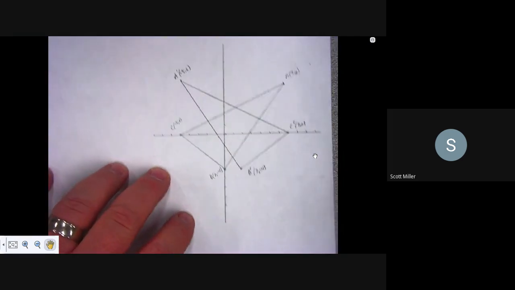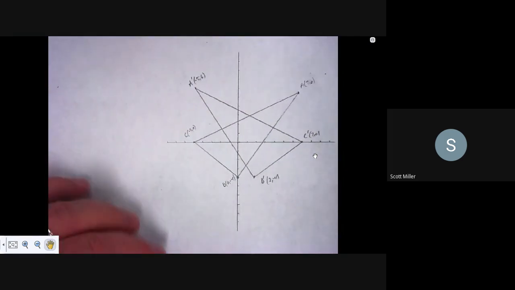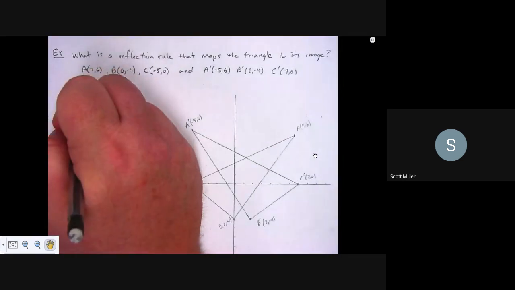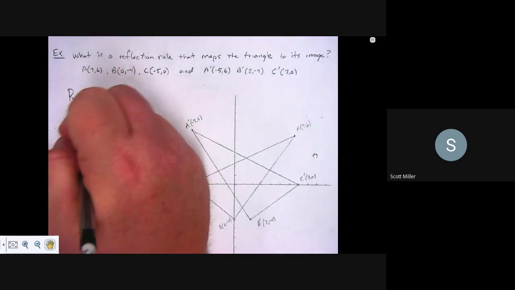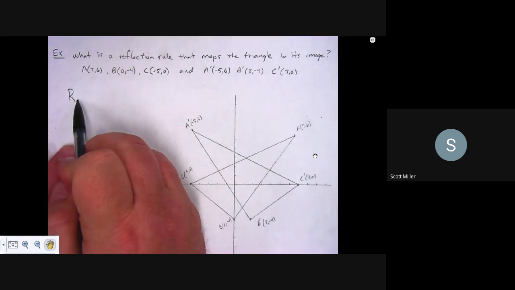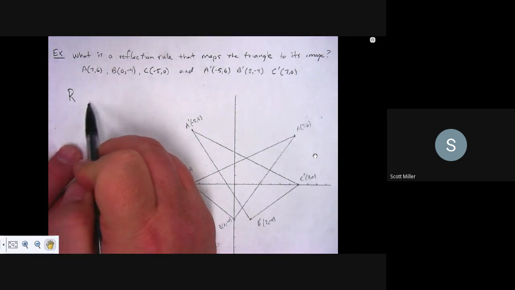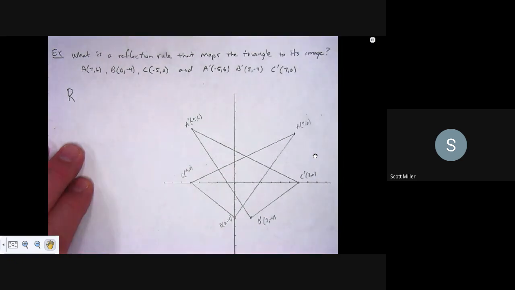All right, and so we need to find the rule. Well, the rule has the reflection, and then I have a line of reflection, so the reflection line. So clearly that's the thing I don't know. I don't know the reflection line. I got to find the reflection line from this picture. So what do I know from the properties?